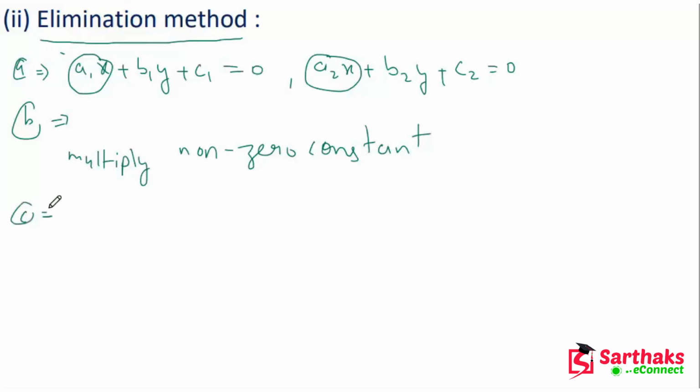Then the third step is to add or subtract one equation from the other, then one variable gets eliminated. We add or subtract both equations, and one of the variables gets eliminated. Solve the equation in one variable and substitute its value to find the other variable. Okay, so these are the steps.